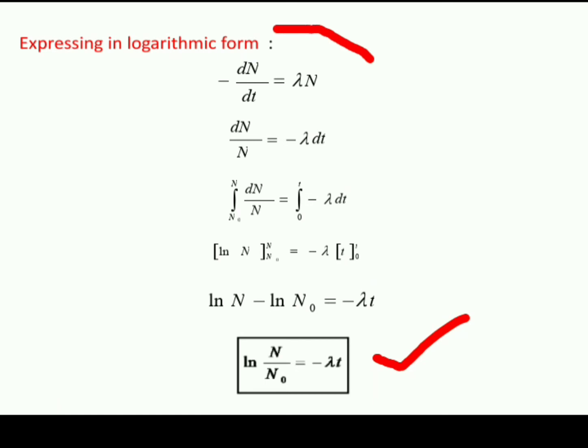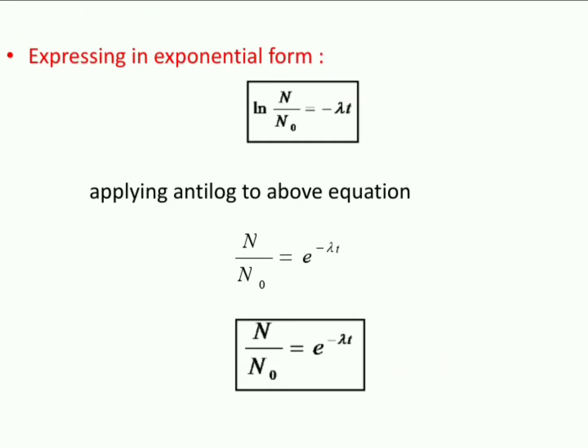The actual equation, as per the definition, is minus dN by dt is lambda into N. But when you modify it into logarithmic form, you get the expression log N by N0 is minus lambda into t. Now from here we are converting it into exponential form. As you already have the logarithmic form, applying antilog on either side, N by N0 is e to the power minus lambda t.